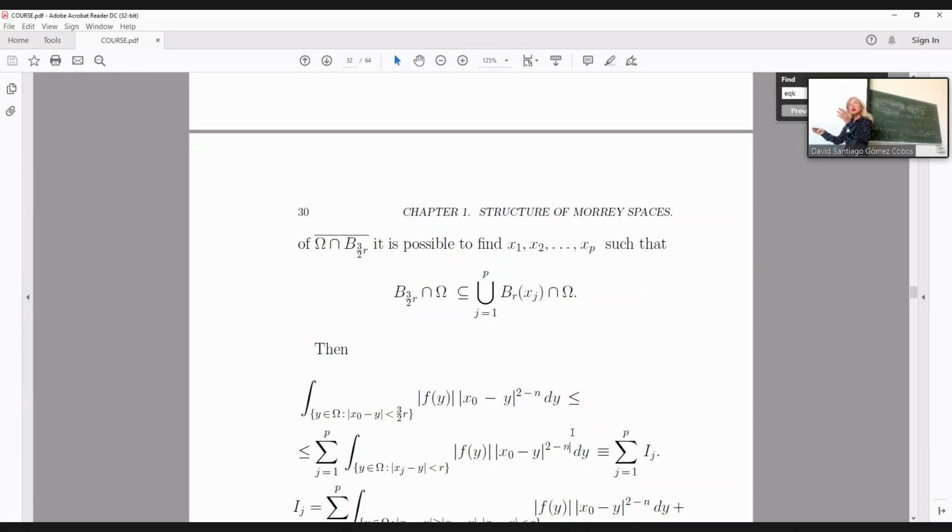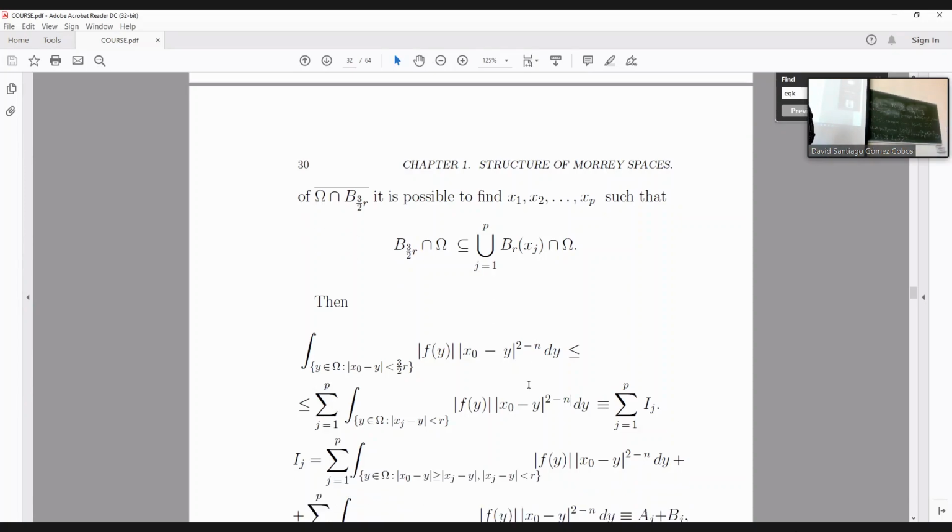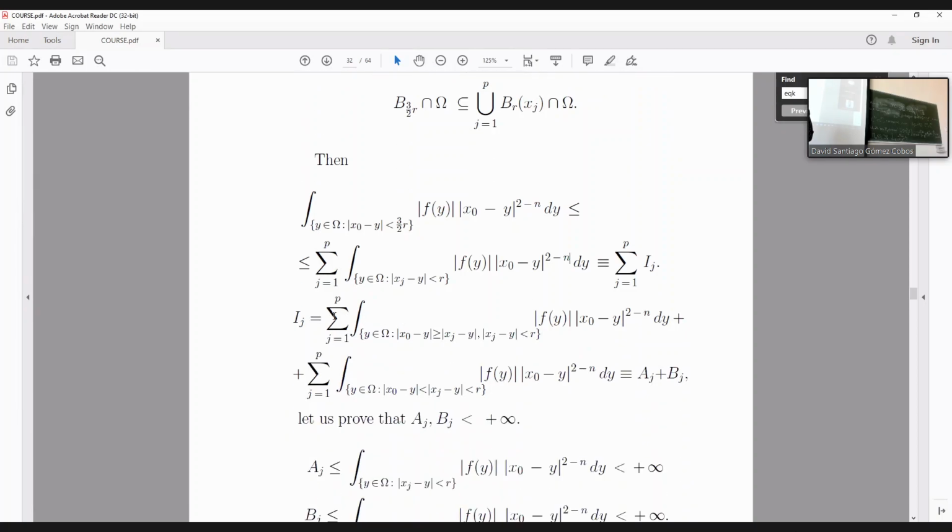Well, let us consider these singular integrals as capital Ij, and let us estimate this Ij. Ij could be split in two integrals. The first one, where x0 minus y is more or equal xj minus y.